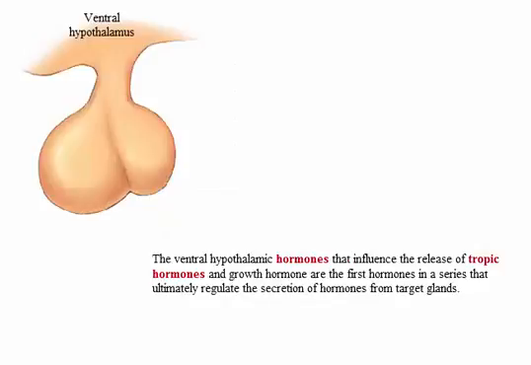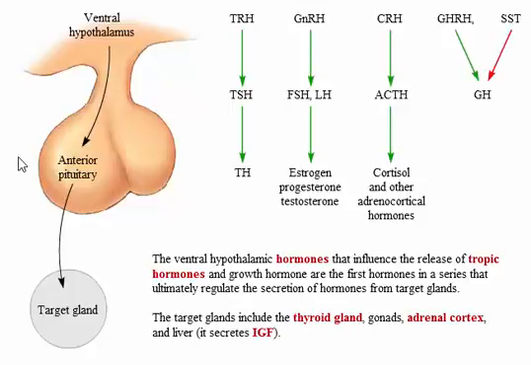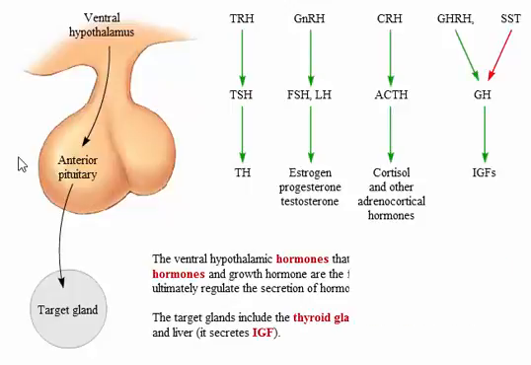The ventral hypothalamic hormones that influence the release of tropic hormones and growth hormone are the first hormones in a series that ultimately regulate the secretion of hormones from target glands. The target glands include the thyroid gland, gonads, adrenal cortex, and liver. It secretes insulin-like growth factor.